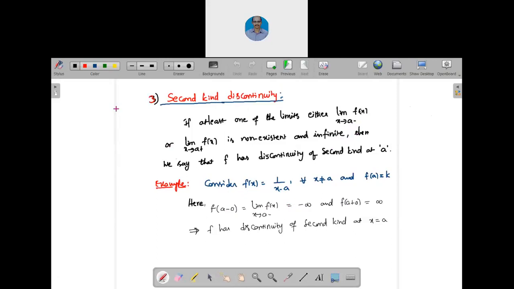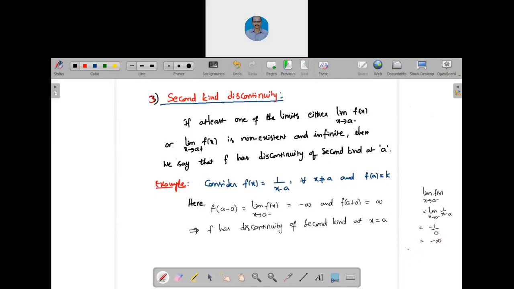Because the limit of f(x) when x tends to a minus, which is 1 by (x minus a), is equal to 1 by 0 from the negative side, that is minus infinity.